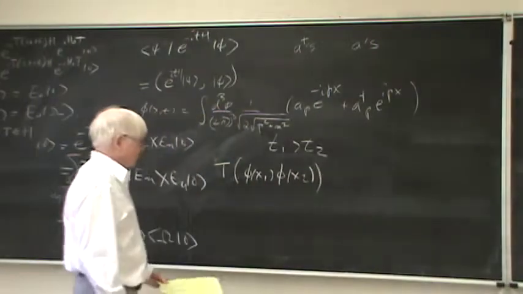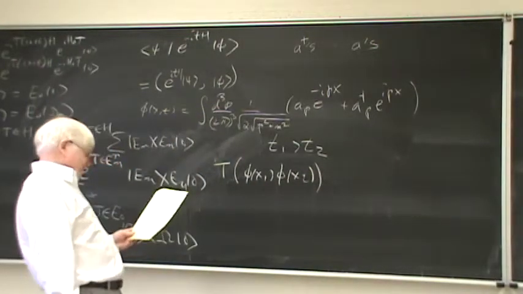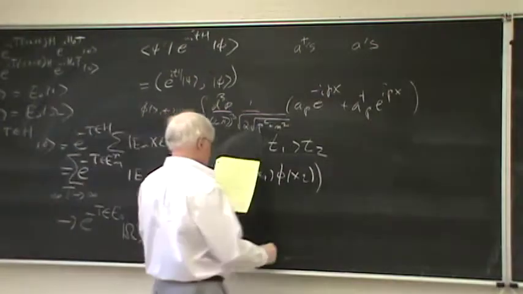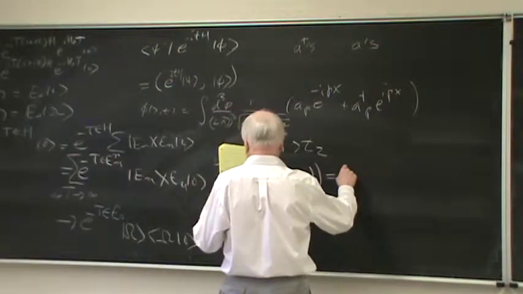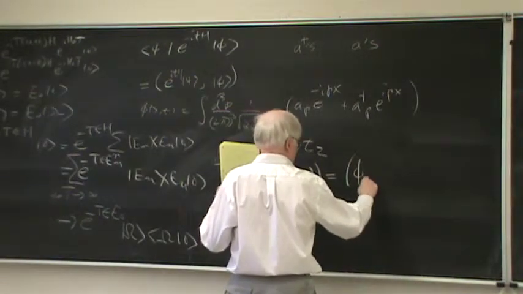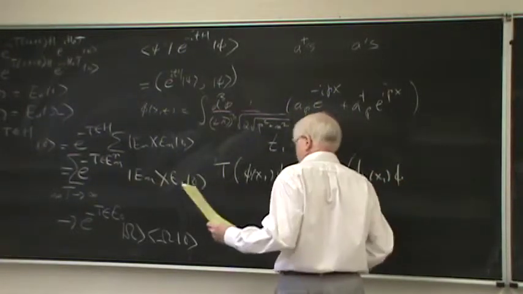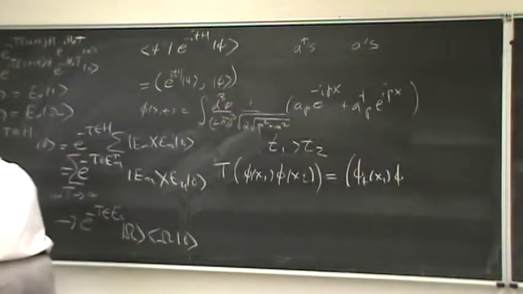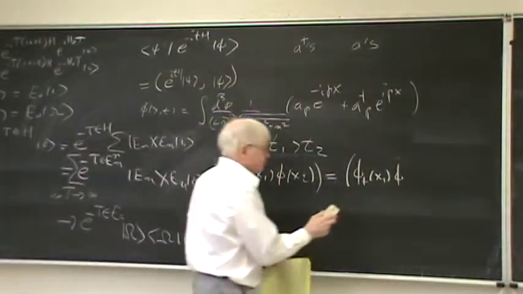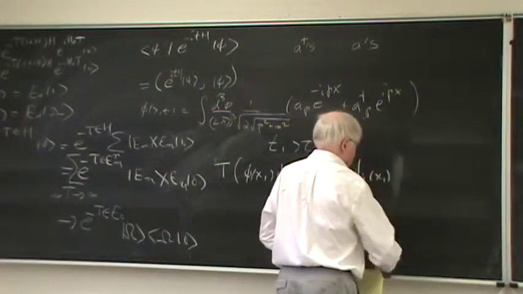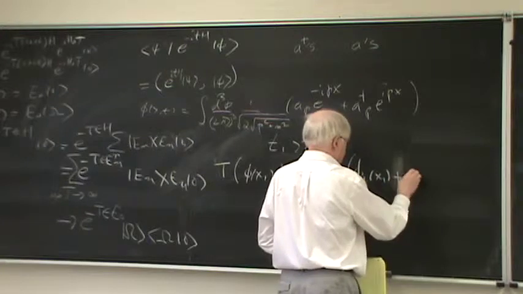So that's the time-ordered product. We're going to look at it for T1 greater than T2. And here, well, it's of course phi plus of x1, phi, well, there's a plus sign here.